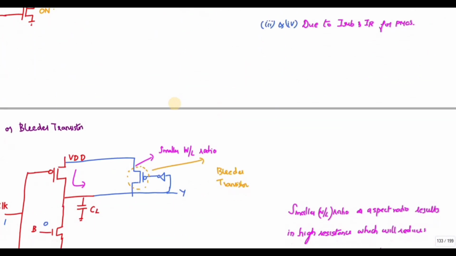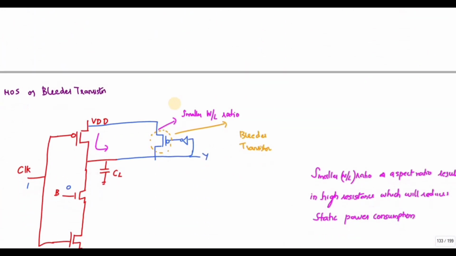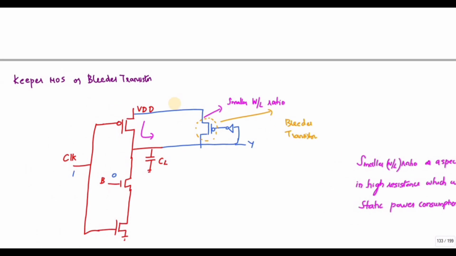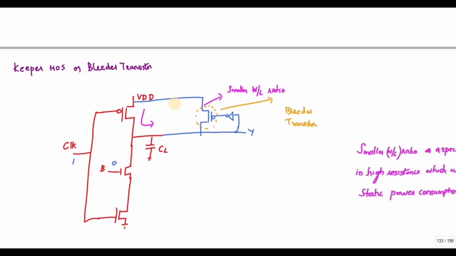How do we eliminate this? I am going for a bleeder transistor, the keeper MOS. Whenever the charge gets reduced, the voltage goes to the inverter and this makes the PMOS turn on. If the PMOS turns on, VDD will charge this capacitor. This way I can reduce the charge leakage.